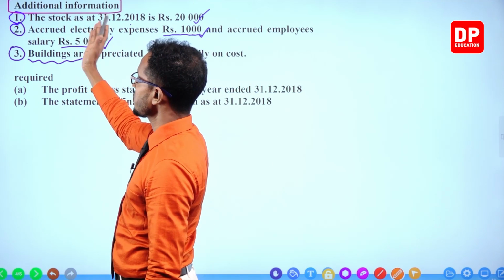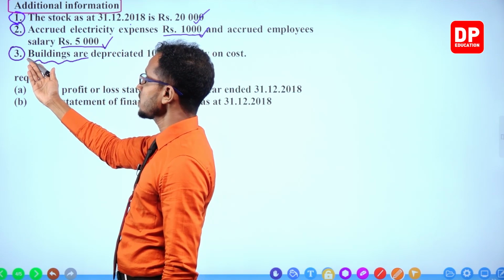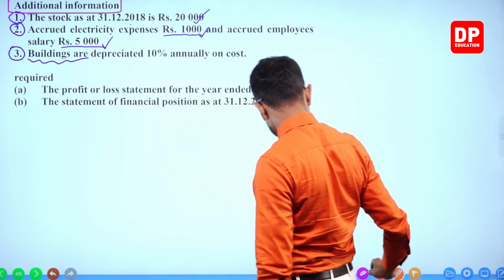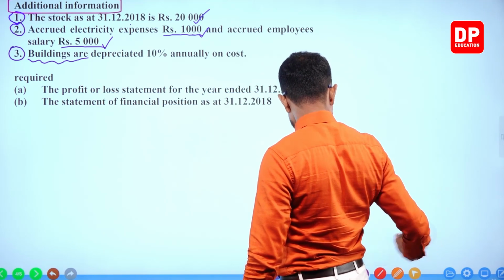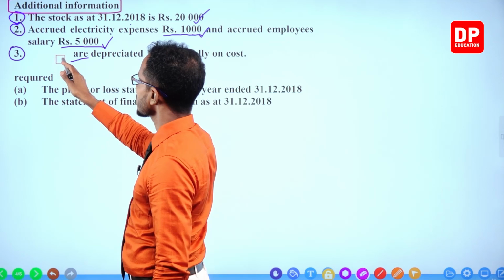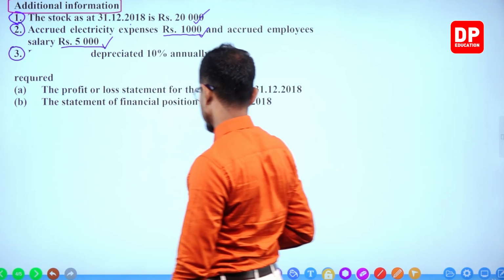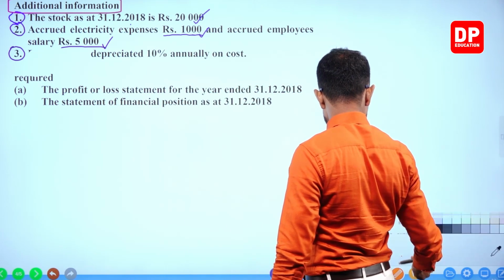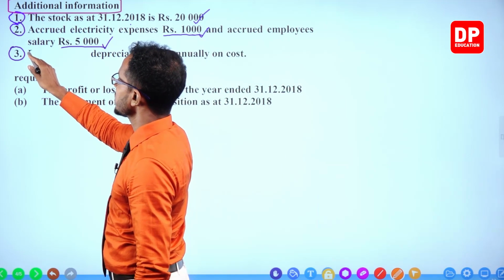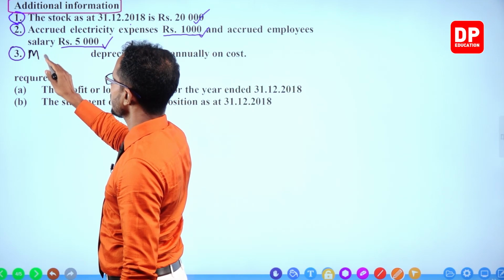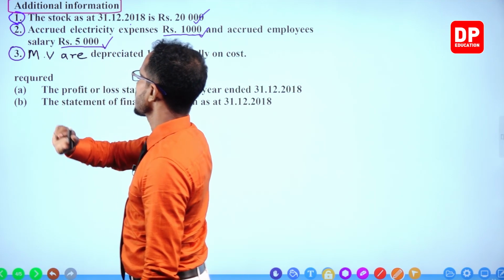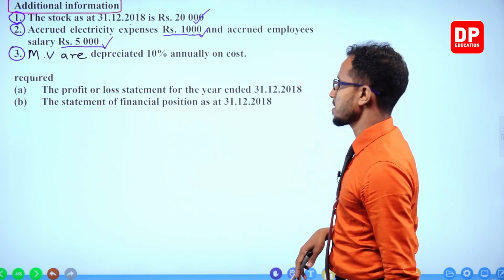In the third, the last additional information, instead of buildings, it should be motor vehicles. Instead of buildings, here it should be: motor vehicles are depreciated 10%.